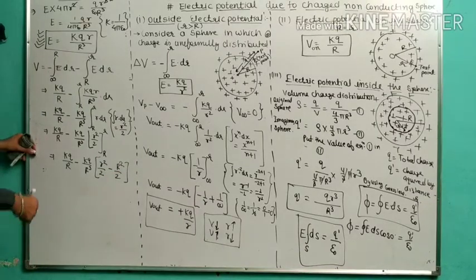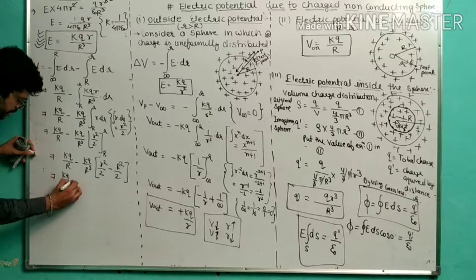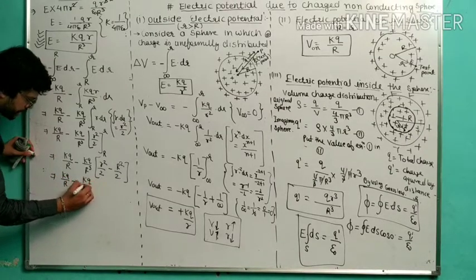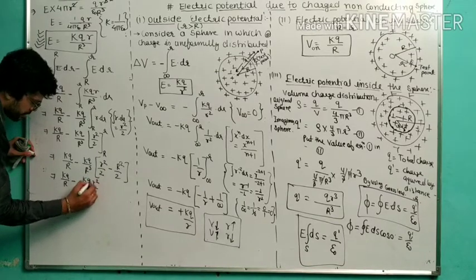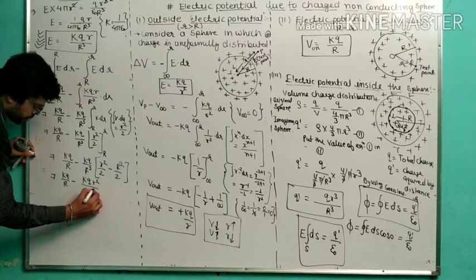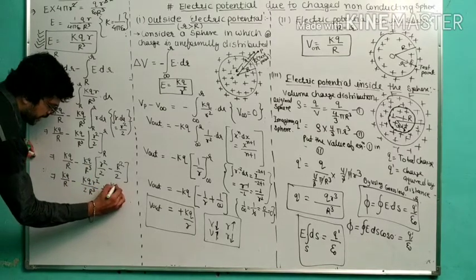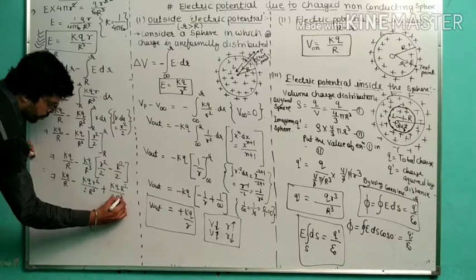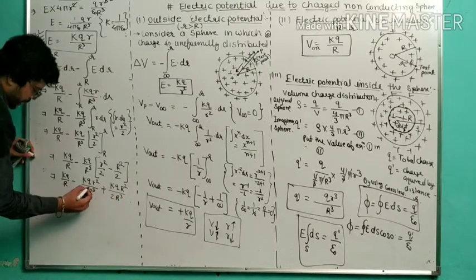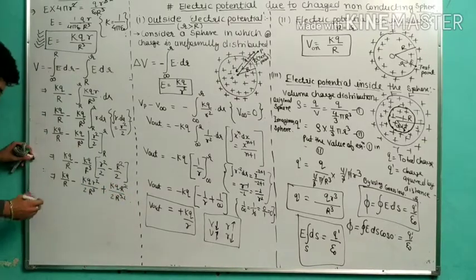Okay, so let's multiply kq upon R. Kq is going to multiply here, so this is r square upon 2R cube, and minus minus plus, it is kq R square upon 2R cube. Here you can observe this is power 1.